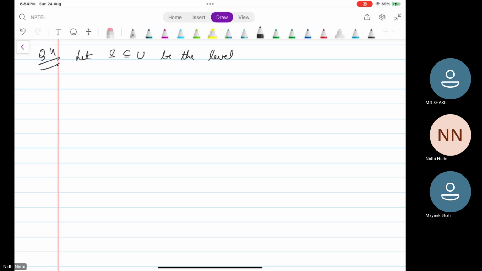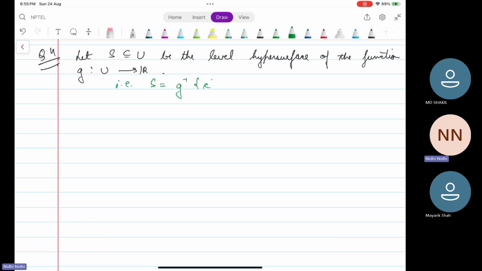Level hypersurface, the surface of a function g from U to R. That means S is the set of all those points where g takes a constant value.